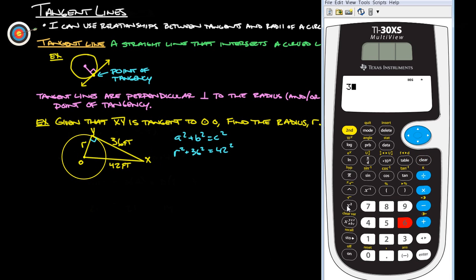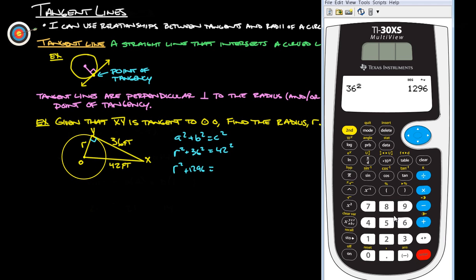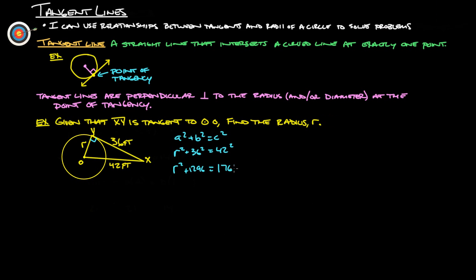So 36 squared is 1296. So we have r squared plus 1296 equals 42 squared, which gives us 1764.